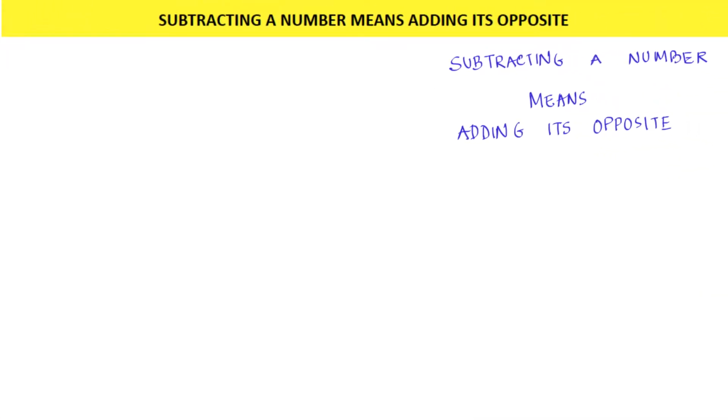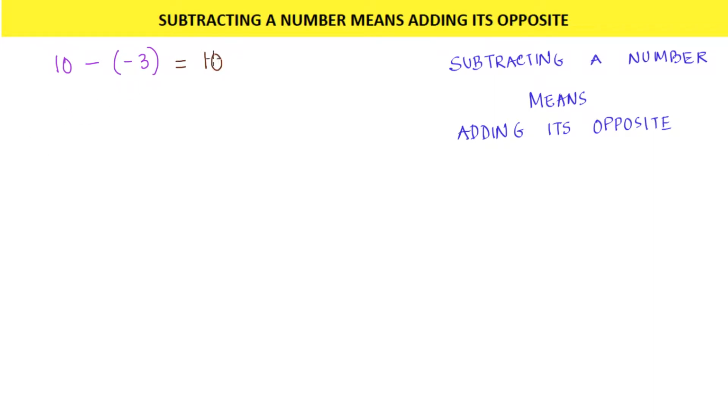Now let's subtract a negative. Let's see, 10 minus negative 3. If we follow our definition, negative 3 is being subtracted, so it is the same as adding its opposite.